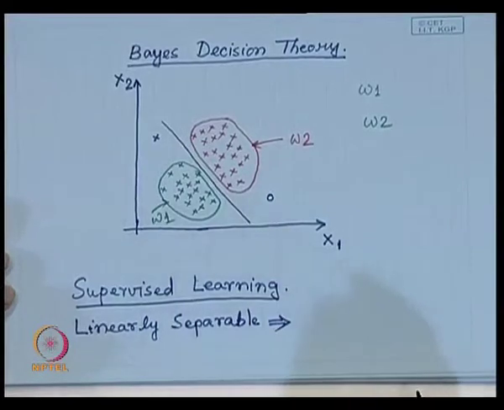So, only when the classes are linearly separable, I can find a straight line separating the two classes in 2 dimensions. If it is in 3 dimensions, that is, I have 3 dimensional feature vectors, in that case I will have a plane separating the two classes. If the dimension is more than 3, I can have neither a straight line nor a plane, but what I have is a hyperplane. Okay.